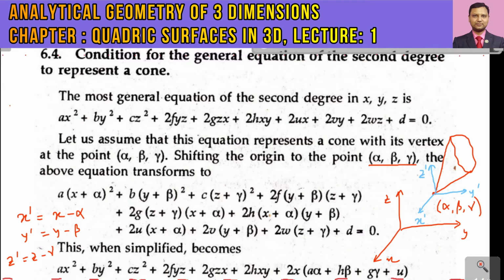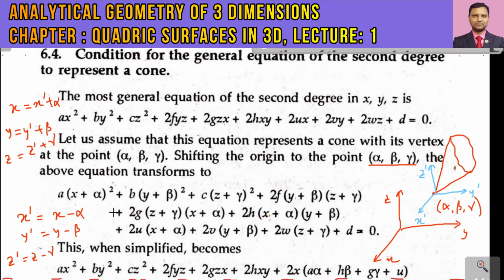Or you can say x would be equal to x prime plus alpha, y would be equal to y prime plus beta, and z would be equal to z prime plus gamma.